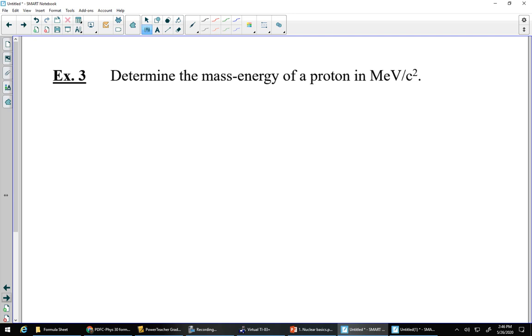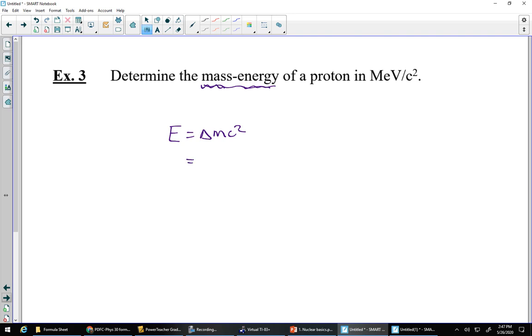Okay, this is what we want to look at here. Determine the mass energy of a proton in mega electron volts per speed of light squared. If I'm thinking about the mass in terms of energy, we're going to use Einstein's equation, E is equal to delta m c squared, to figure out the actual energy.